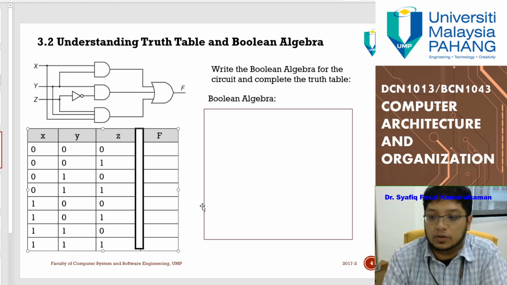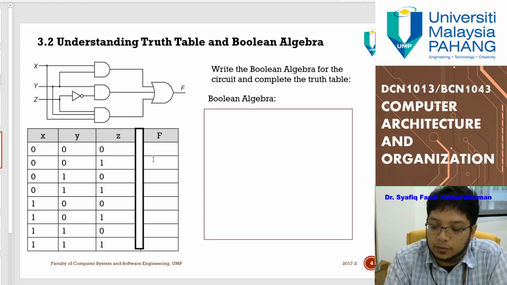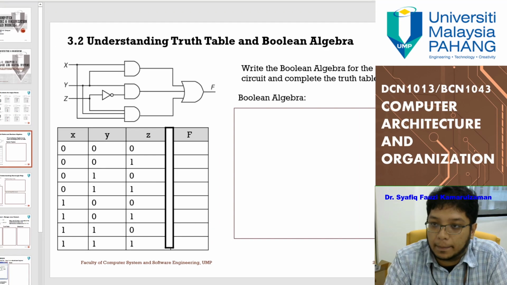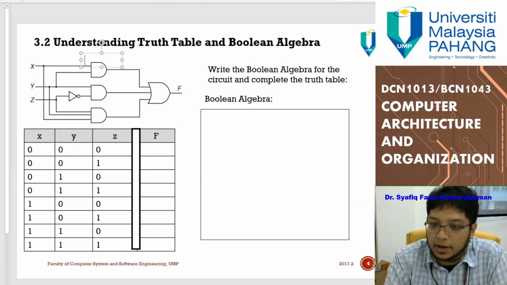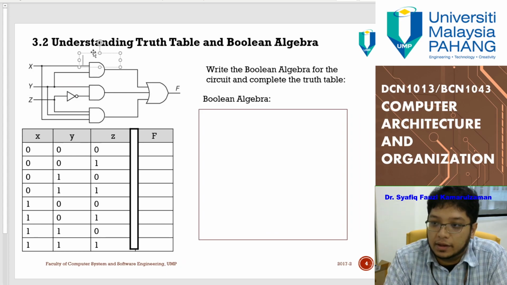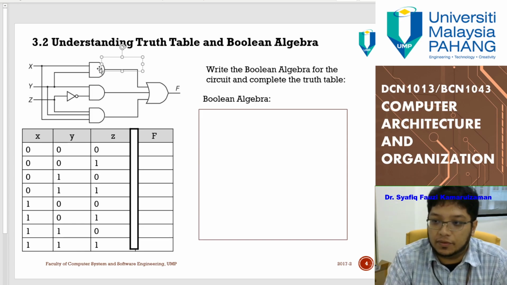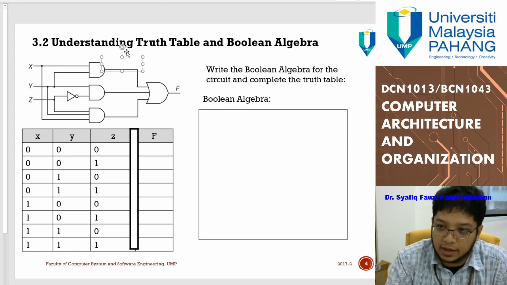Okay, so let's take a look at the output here. In this case, I would like you guys to write something like what I do here. If you have a circuit, write the input and output first.